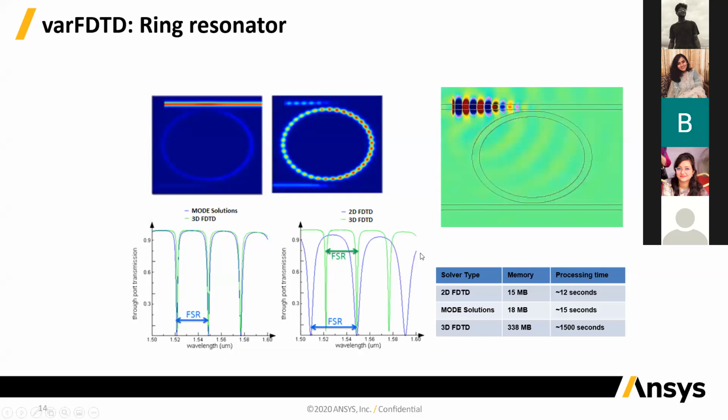That's the advantage of using varFDTD: you're doing, in air quotes, a 2D FDTD simulation, but it's actually capturing the effect of the third dimension as well. That's why you end up with a fast simulation, but also a much more accurate simulation than doing a 2D FDTD simulation.